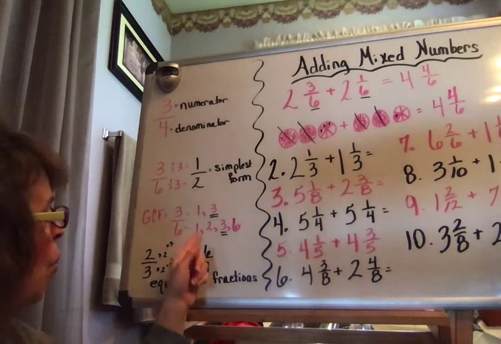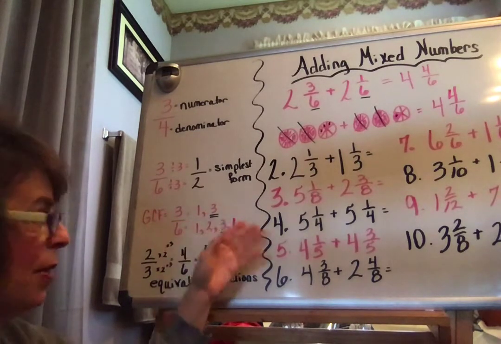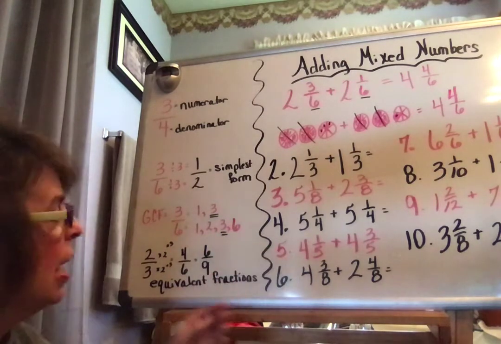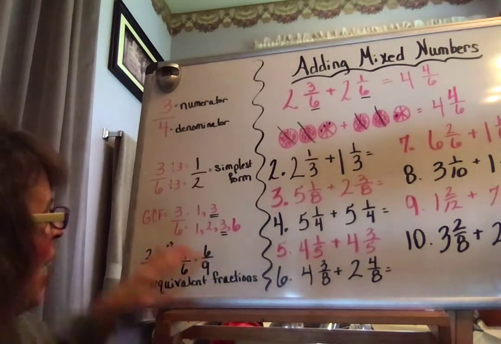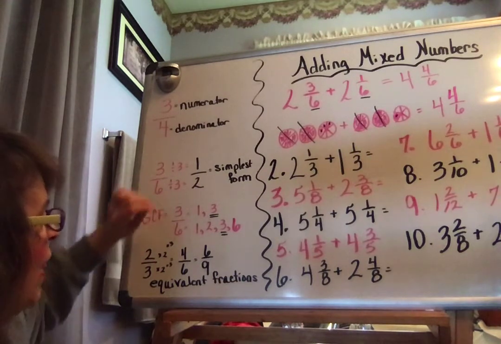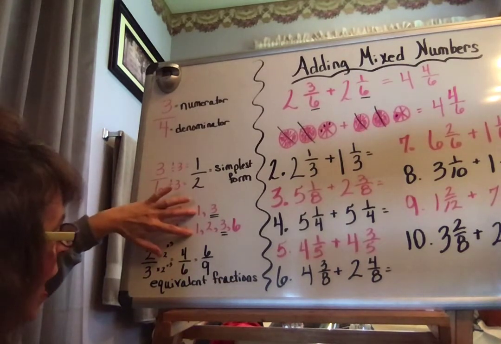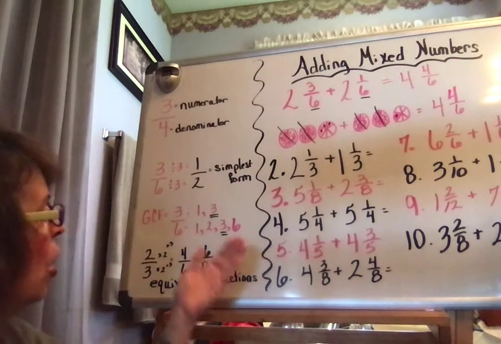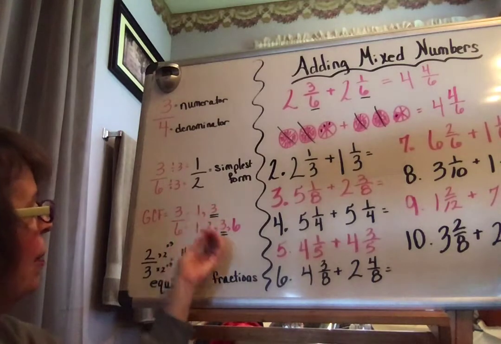The factors of 6 are 1 and 6, because 1 times 6 is 6, and 2 and 3, because 2 times 3 is 6. Then I want to see which factors they have in common. They have 1 in common, and they have 3 in common. So 3 is my greatest common factor.